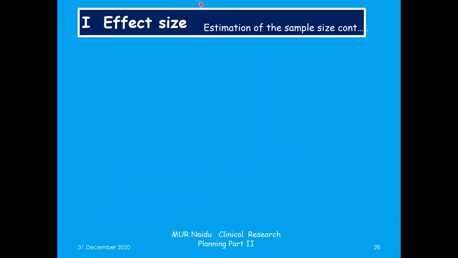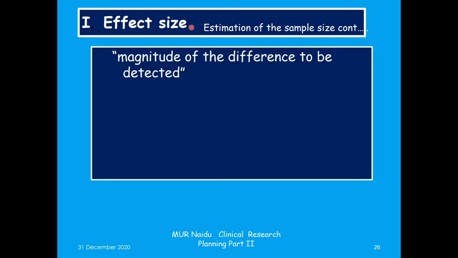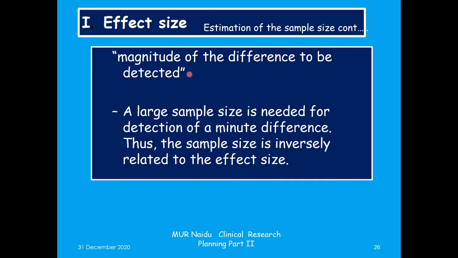The first factor in sample size calculation is the effect size. That is nothing but the magnitude of the difference to be detected in a clinical research. How much change you expect to show that your drug is effective. For example, if you are evaluating an antihypertensive drug, how much fall in the diastolic blood pressure from baseline you want to show that your drug is effective.